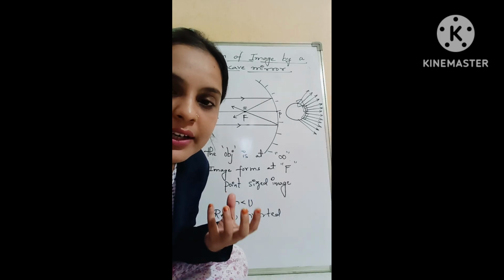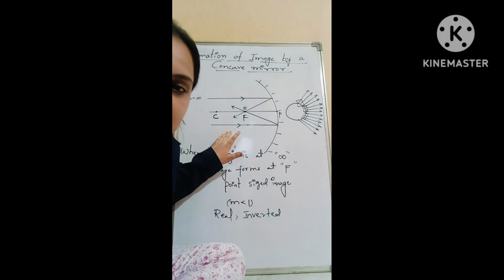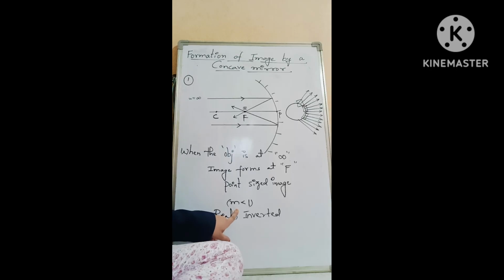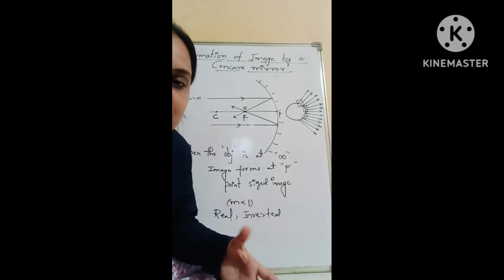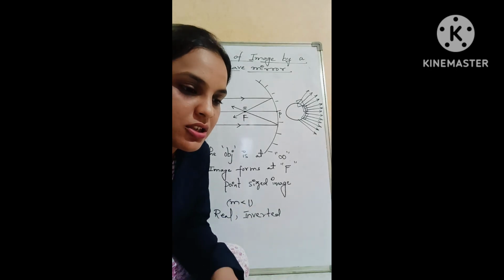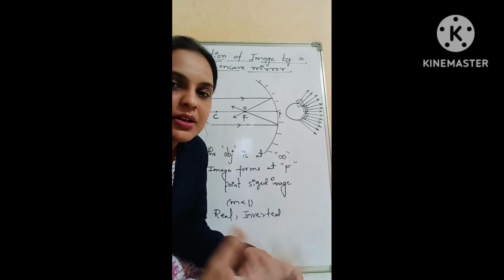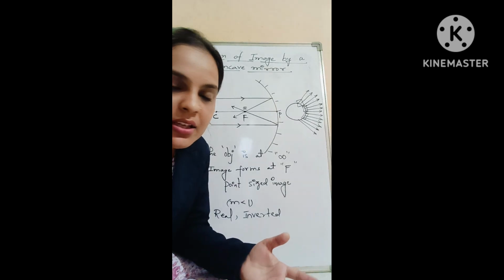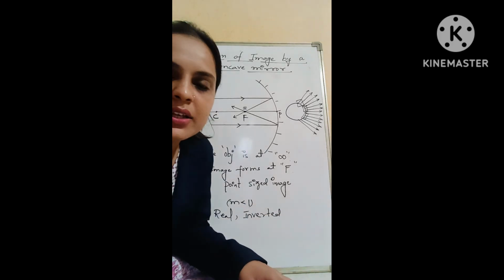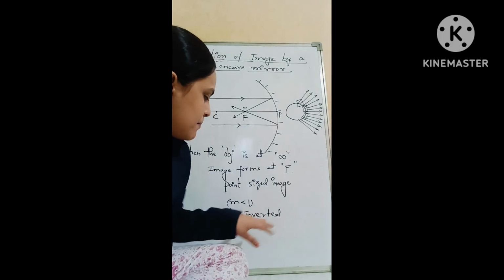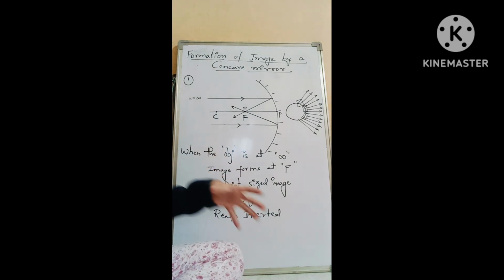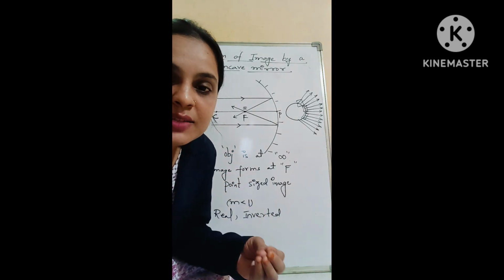Diminished means smaller image. Okay, this is a very important question, a 6-mark question. Next, here m is less than 1. m means magnification. In our upcoming videos, I'm going to explain magnification in depth. For now I'll explain in short: magnification is nothing but defining the size of the image with respect to the object.